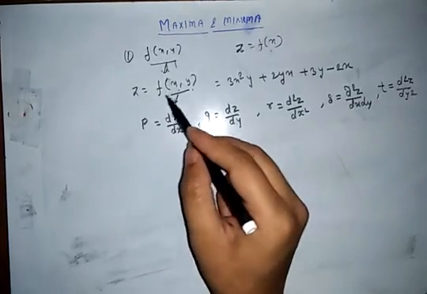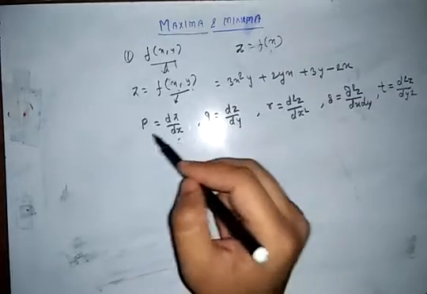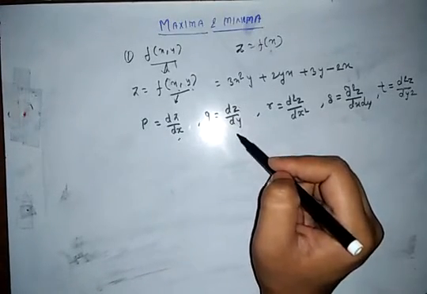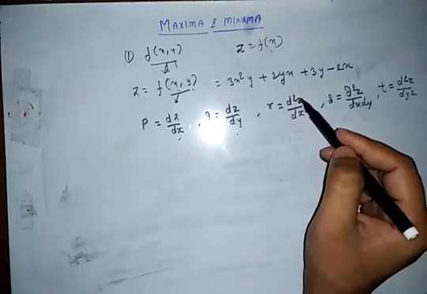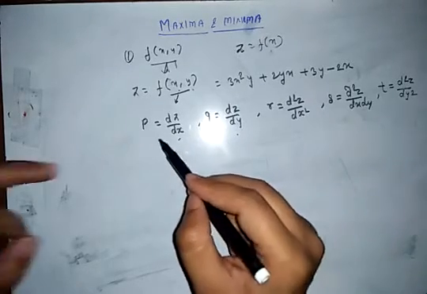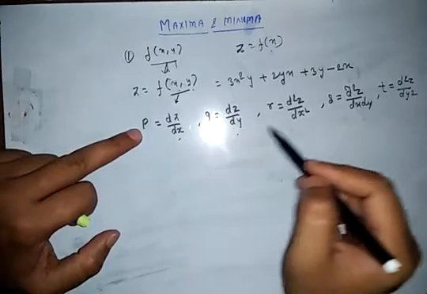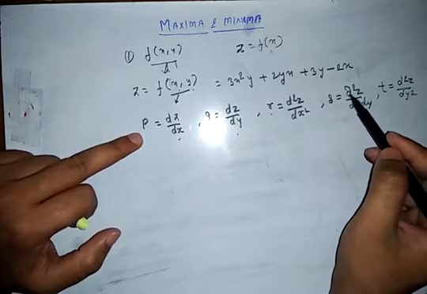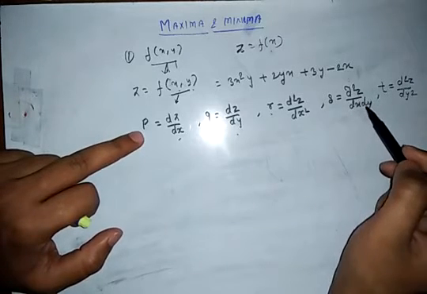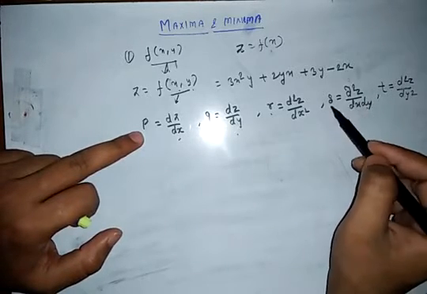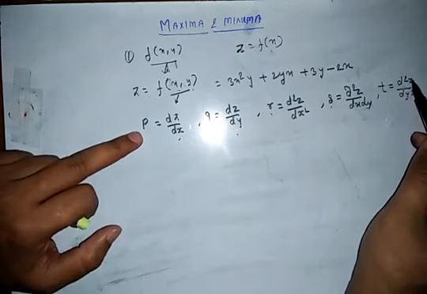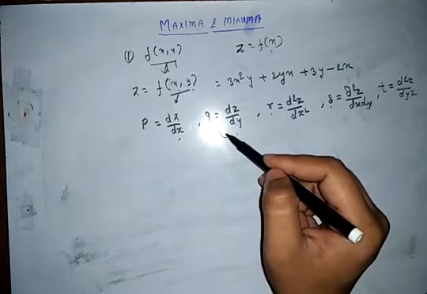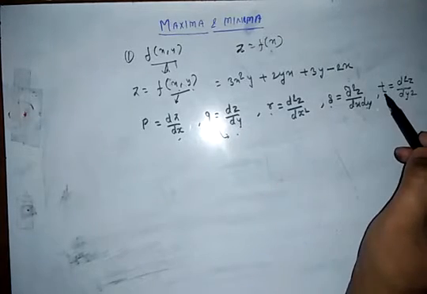So we are differentiating z with respect to x to get p, q is differentiating z with respect to y, r is double differentiating: if you differentiate p with respect to x again, you will get r. If you differentiate p with respect to y, you will get s. And if you differentiate q again with respect to y, you will get t.